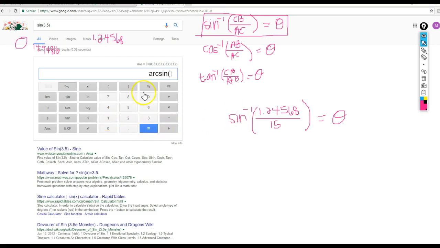So now I'm going to have arcsine, or sine inverse, of 1.24568 divided by 15. And that's going to equal 4.763 degrees, since I was in the degree mode.